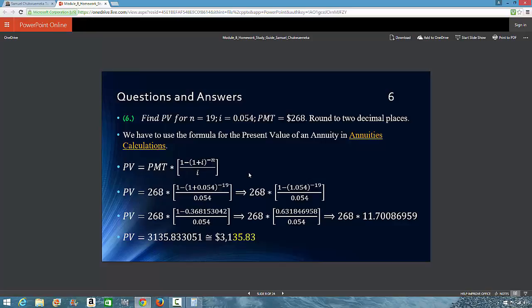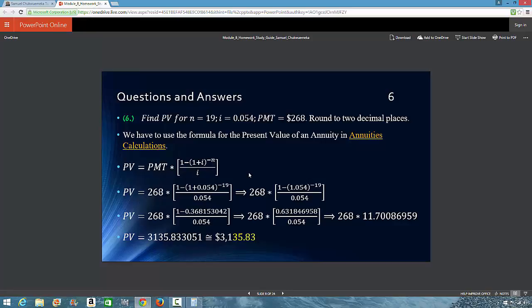There are several formulas for mathematics of finance. One of the skills that you are being tested on in this module is to know which formula to use when.